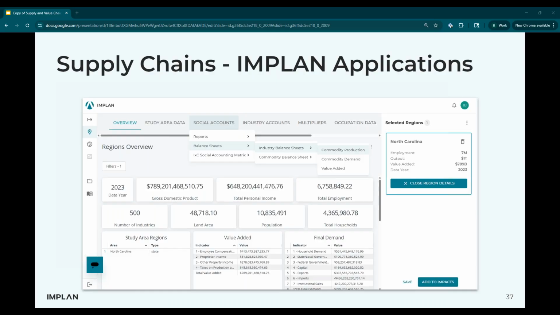What we're looking at here is what does the pharma manufacturing produce, right? So we can look at what the industry produces by looking at the industry balance sheets, commodity production sector. And what that gets us is a better understanding of what that sector produces overall. Right, so we're going to now go to this piece.